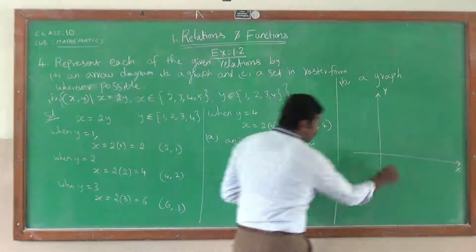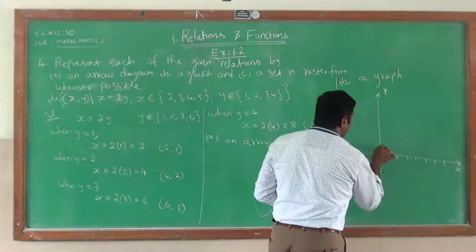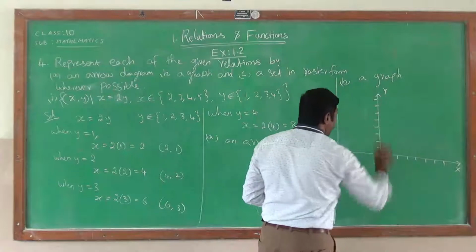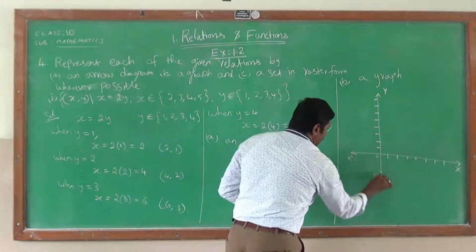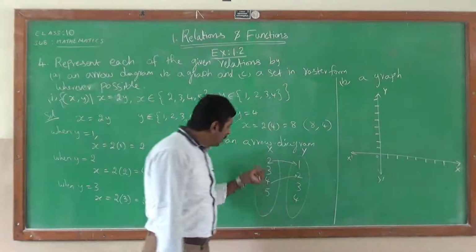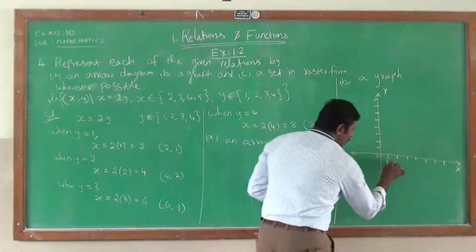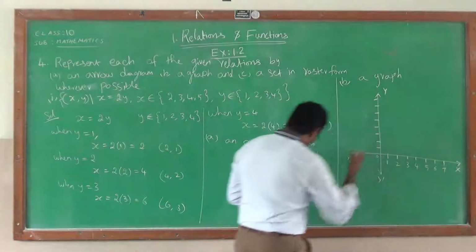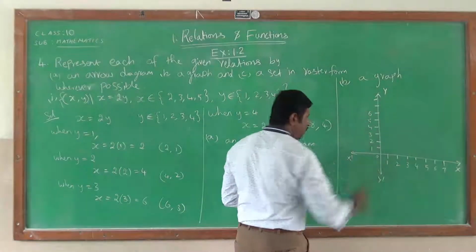Let me take the values here, x value and then y, this is the origin, x dash and then y dash. See, the x points we have are 2, 3, 4, 5, right? So let me take 1, 2, 3, 4, 5, 6, 7, and then the y values we take as 1, 2, 3, 4, 5, 6.